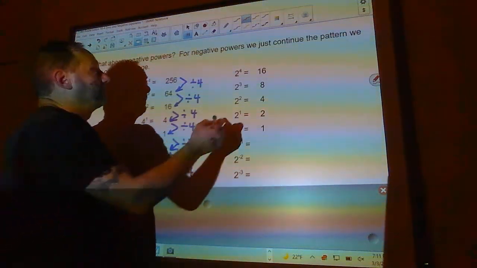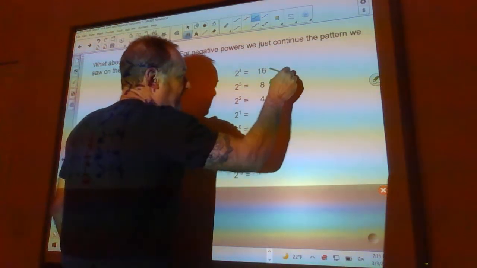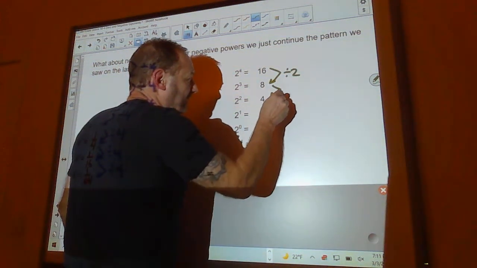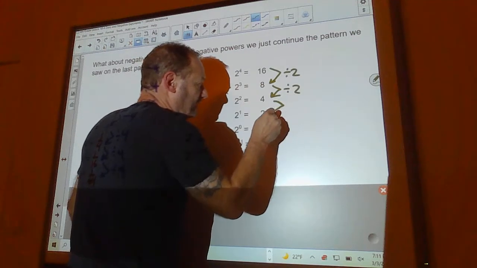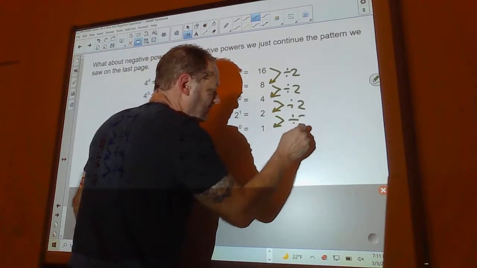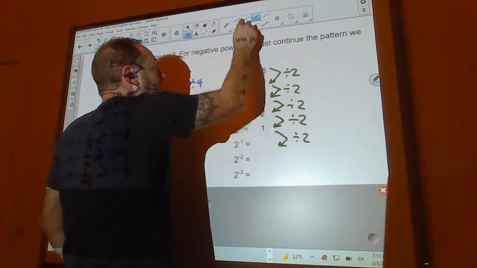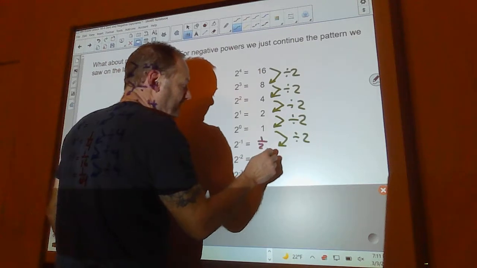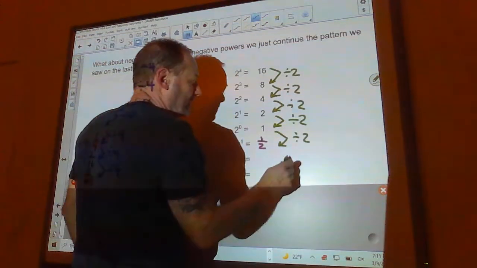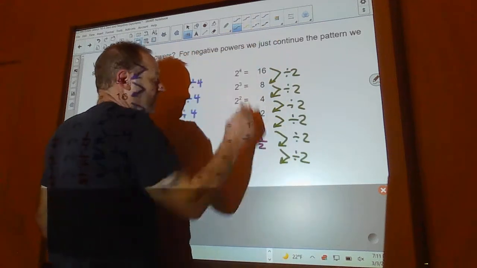Okay, same thing here. If I look at this one, I divide by 2 this time. And I divide by 2 this time, and I keep dividing by 2. And I divide by 2 one more time. 1 divided by 2 is 1/2. And then 1/2 divided by 2 again is 1/4.